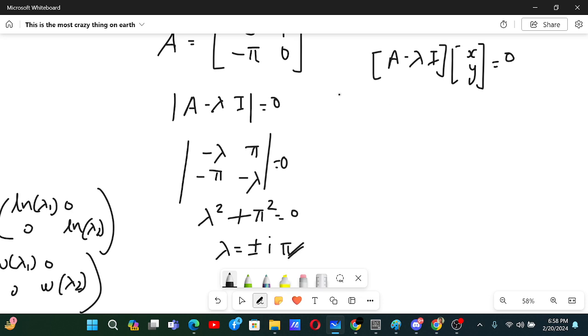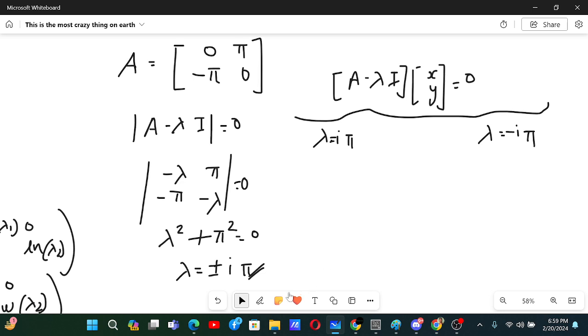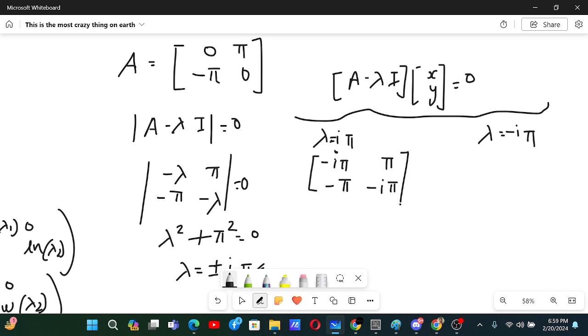So now let's try to find eigenvectors for each case, when lambda equals i pi and when lambda equals minus i pi. When lambda equals i pi, our A minus lambda I will be: A is that matrix, minus i pi, pi, minus pi, minus i pi. This times (x, y) should be 0.